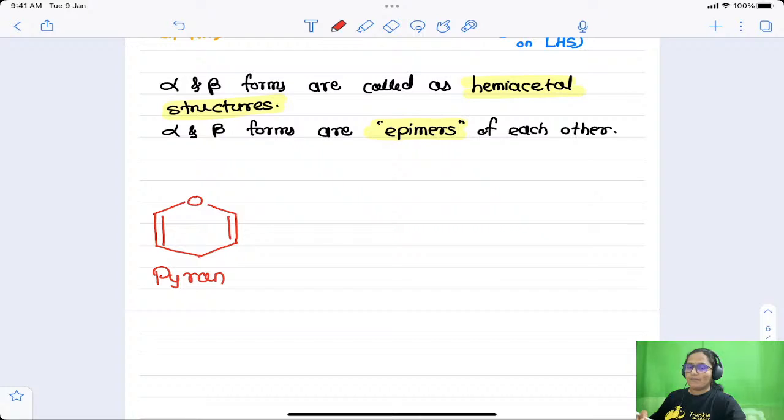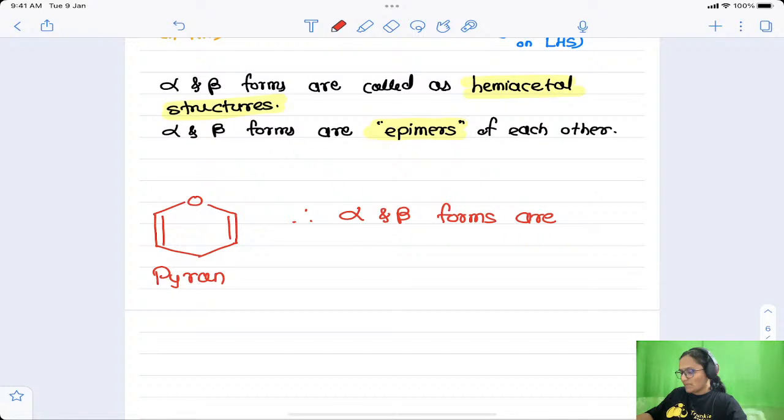As the name of this compound is pyran, therefore alpha and beta, these cyclic structures, are also known as pyranose structures. Pyranose means what?